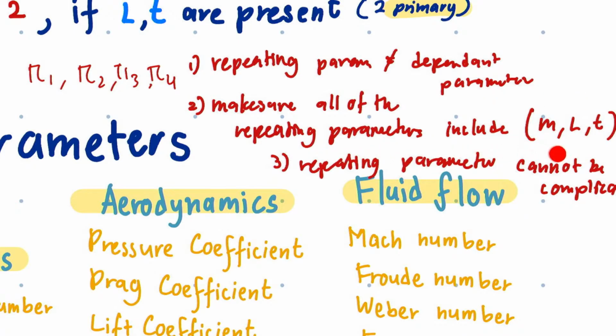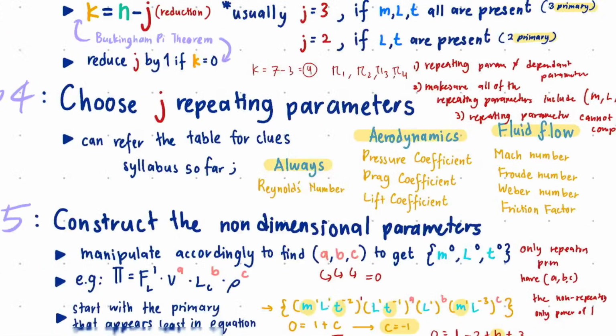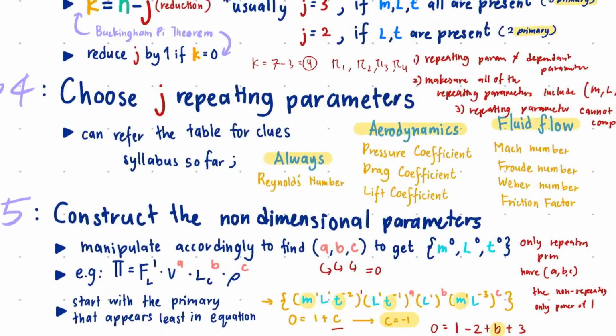Repeating parameters cannot be complicated. Why can it not be complicated? Because it will make it harder for the non-repeating parameters to be cancelled out. What does that mean?